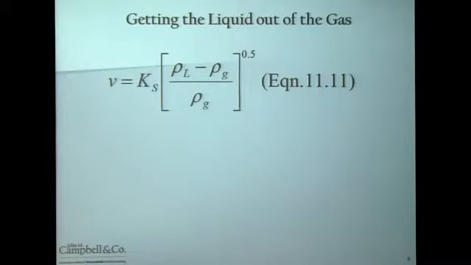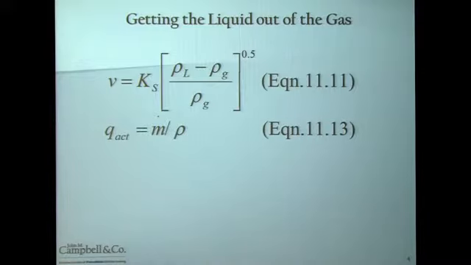And we discuss during the G4 section how to determine the liquid density and how to determine the gas density. The sizing coefficient, K sub S, comes from experience. And once you have these parameters, you'll be able to figure out what the maximum gas velocity is to prevent the liquid mist from carrying over out of the separator.